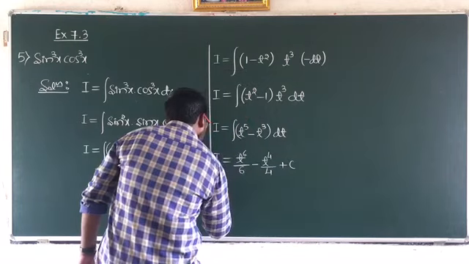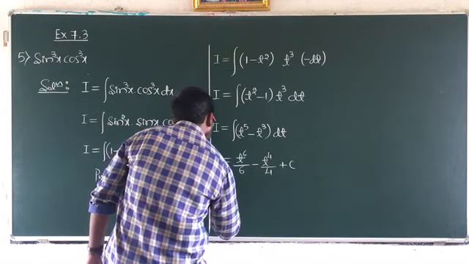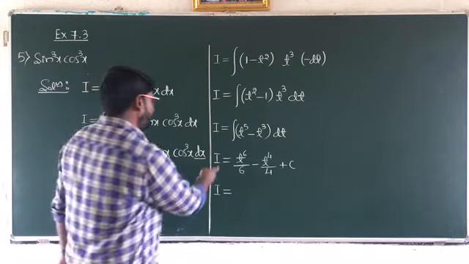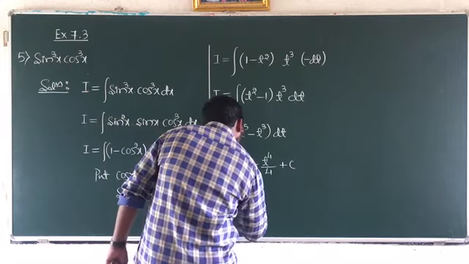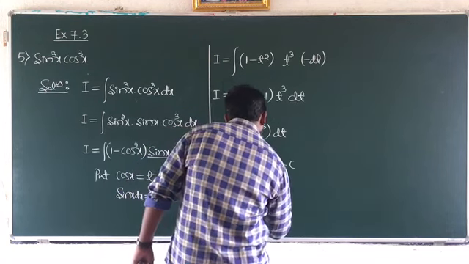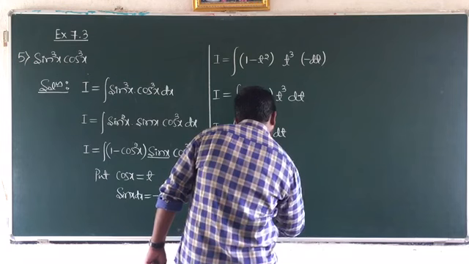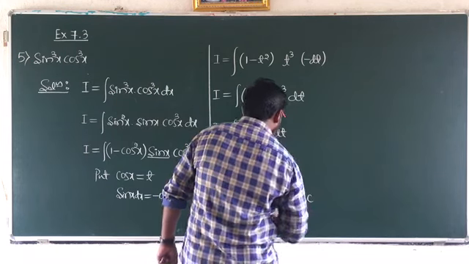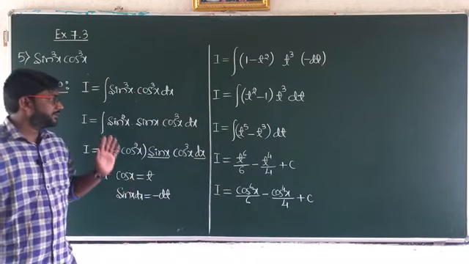So I is equal to, what is t here? It is cos x. So we get cos to the power 6 x divided by 6, then minus cos to the power 4 x divided by 4 plus c. So this is the final answer for the fifth problem.